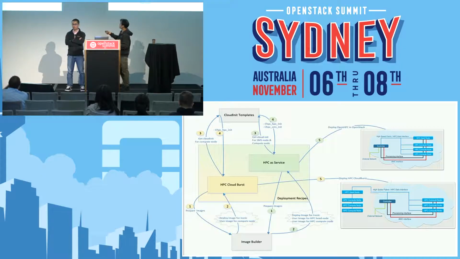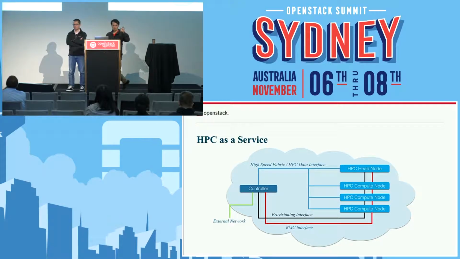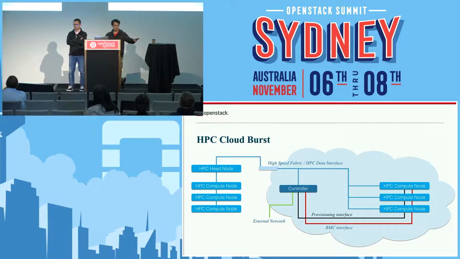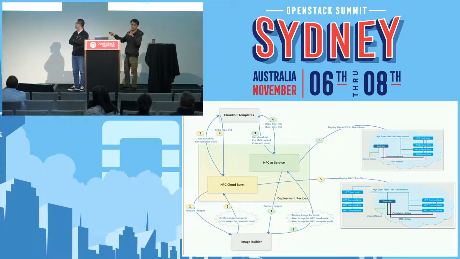As you can see here, we're always using the same consistent environment. If you go back to the previous 2 scenarios, this one is running HPC on the cloud, and this one is bursting existing HPC to a cloud. The recipe that we provide here is always consistent no matter which one you use, okay? So step 1 is for the Cloud Burst scenario, and step 1 is also for the HPC service in the cloud. Basically, it's about preparing the images, the phase 1 that I mentioned just now.